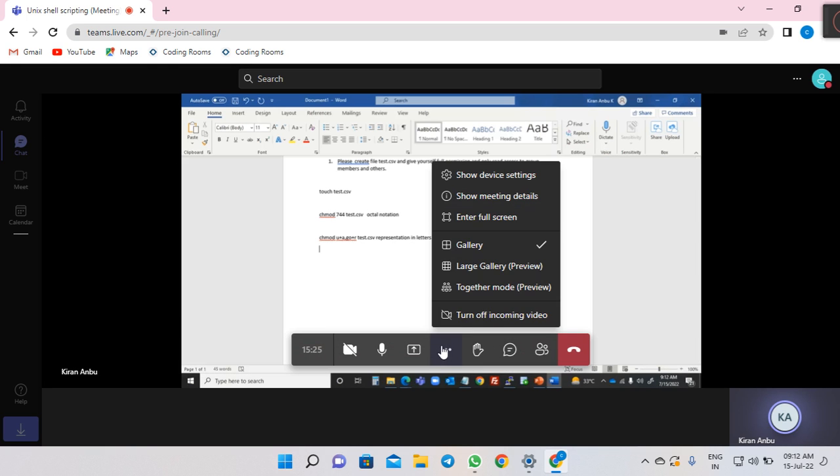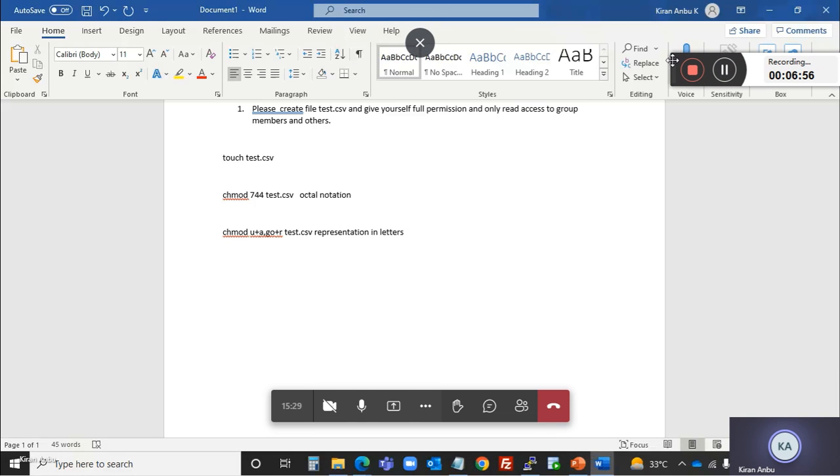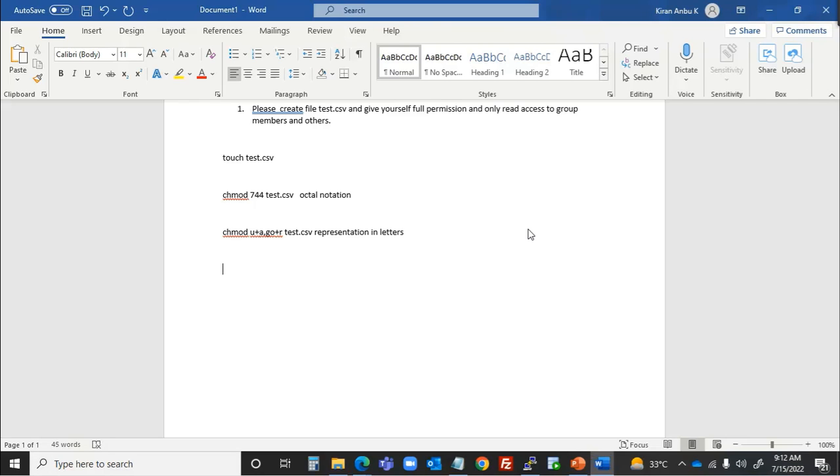And here, you already have one file, test.csv. I gave the user all permissions: read, write, and execute. For group and others, read permission is there, but I want to remove read permission from group and others.